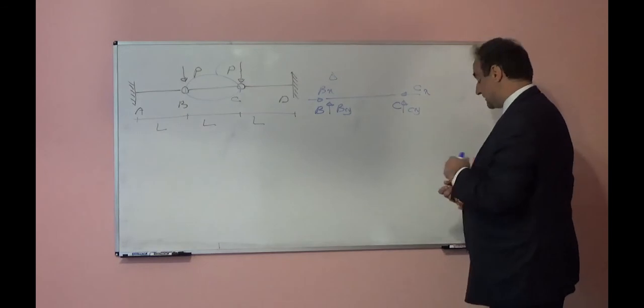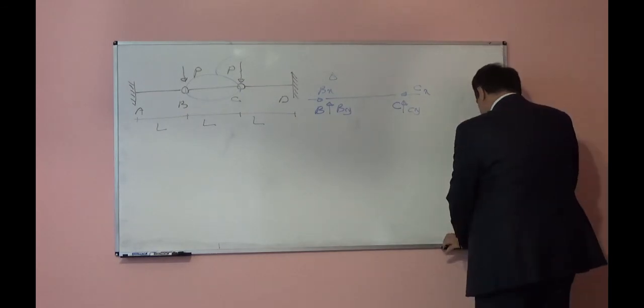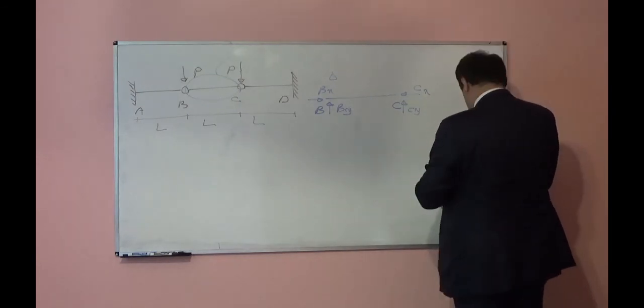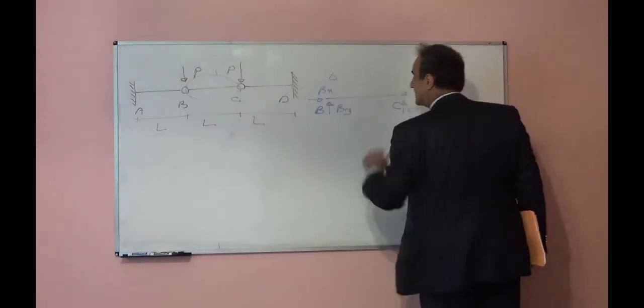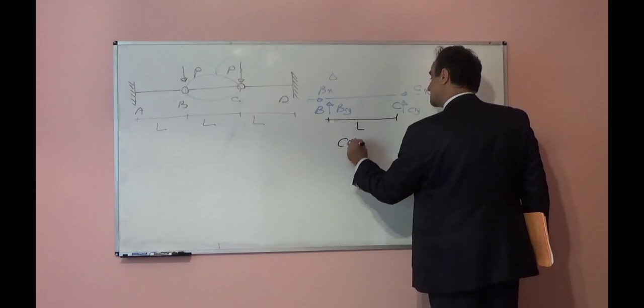If I take moment with respect to point B, Cy times L is equal to 0. From there, Cy is equal to 0.